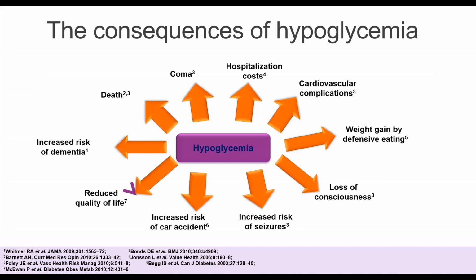There is hospitalization and the cost of hospitalization. Hypoglycemia is associated with more cardiovascular complications, weight gain, loss of consciousness, possibility of seizure, accident, reducing the quality of life, coma, death.